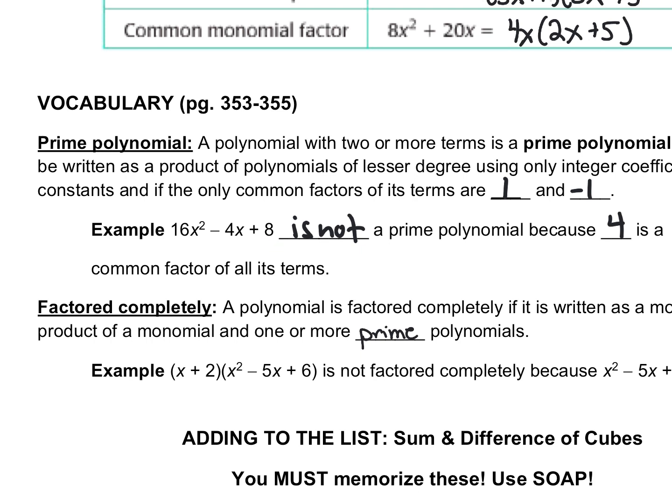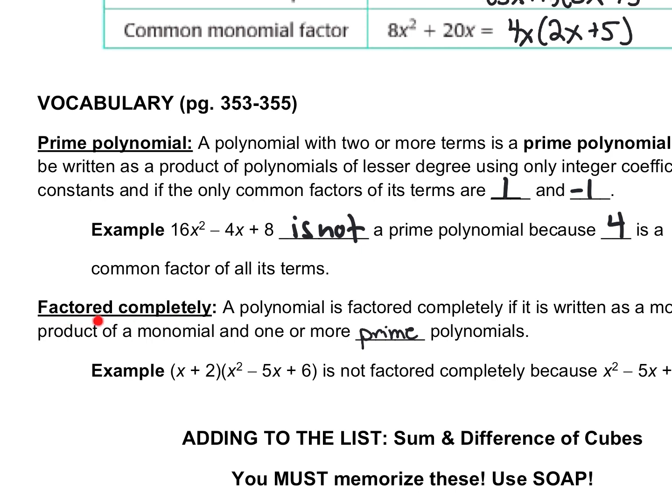So there's like a GCF in there. That's not a prime polynomial because it had other factors besides 1 and -1. So if you can pull out another GCF, and if you can use any of the other methods that we've talked about so far in our course, then that's not a prime polynomial.